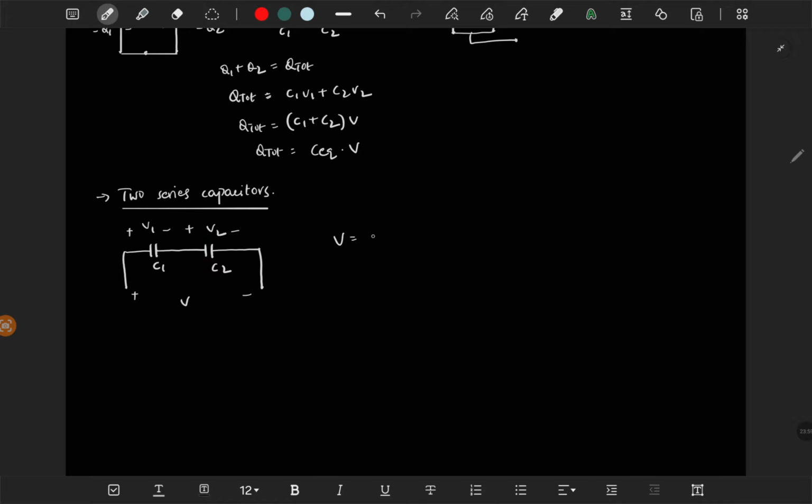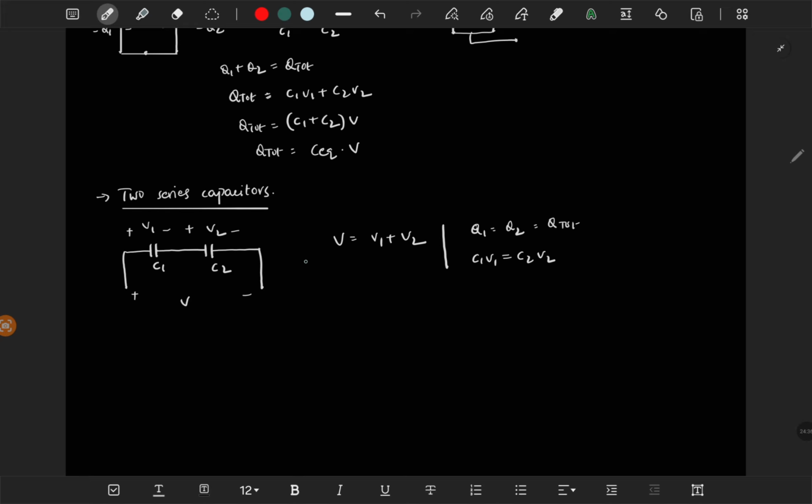So V is equal to V1 plus V2, and since these two are in series, the current flowing through both the capacitors is the same, which means the charge also remains the same at both the capacitors, right? So Q1 is equal to Q2, which is equal to the total charge. So Q1 is C1 V1, which is equal to C2 V2.